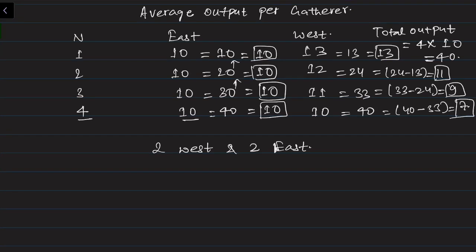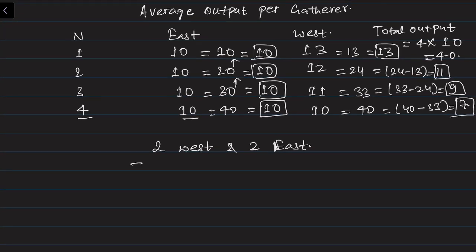So when we do so, what is the total output? The total output is equal to 2 times 12, since when we send 2 to the west the average output is 12, right? And 2 times 10 for the 2 to the east.